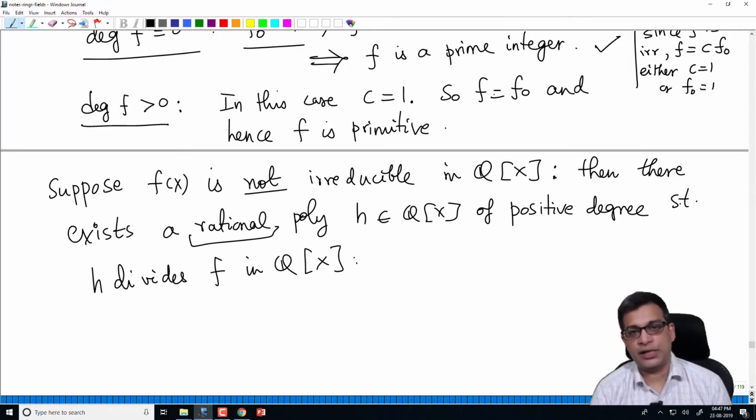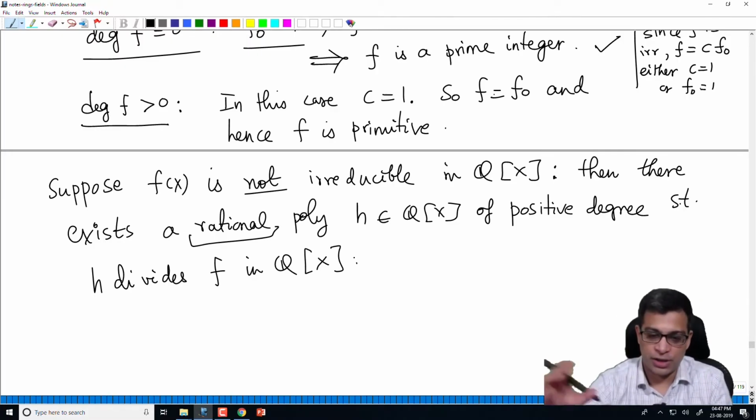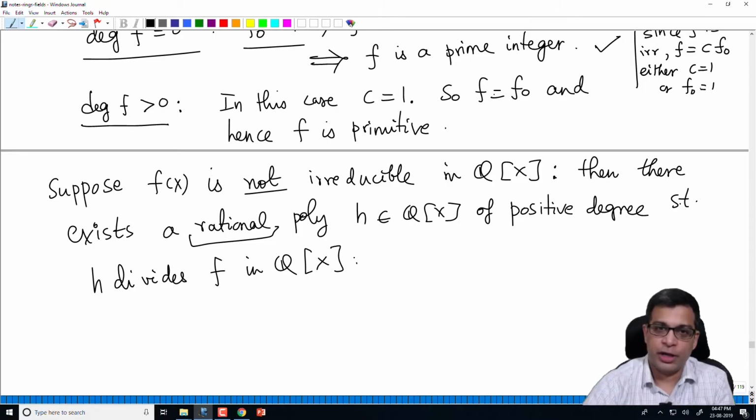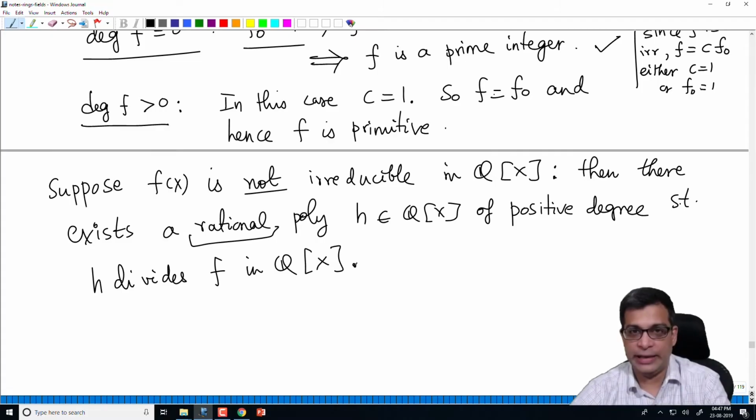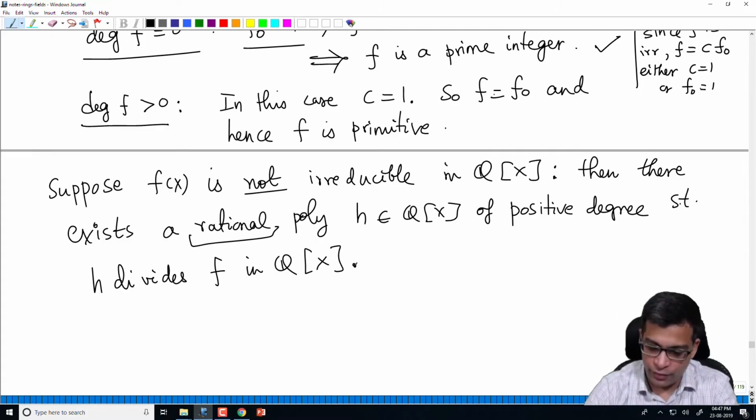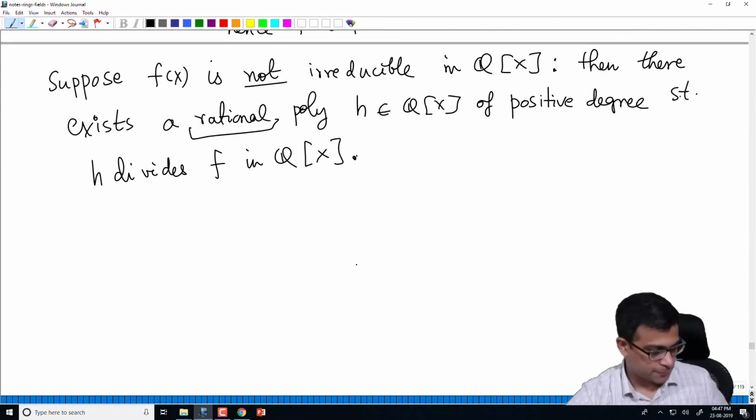If some polynomial is not irreducible in Qx, that means a positive degree polynomial divides it. So we can factor it. So I'm taking one of the factors, so that the other factors are not units. So the degree is positive and it divides f in Qx, because irreducibility is failing in Qx. So h divides f in Qx.